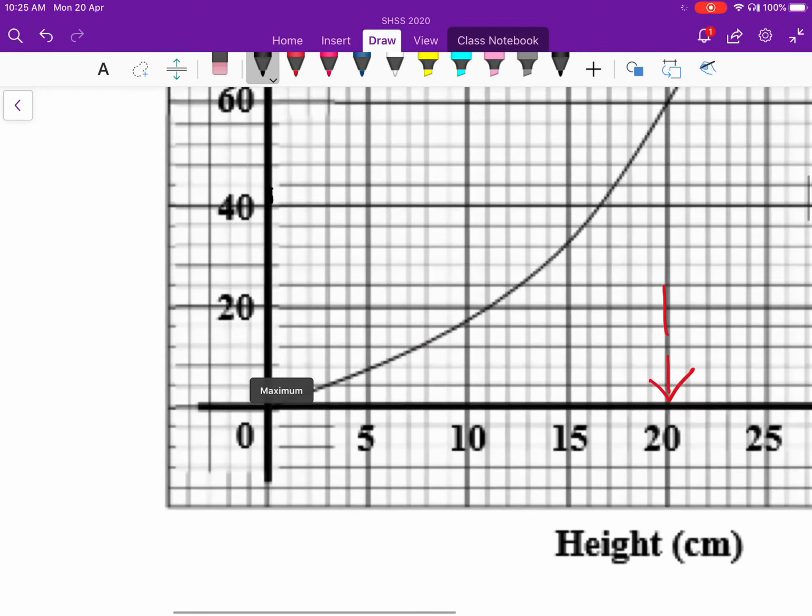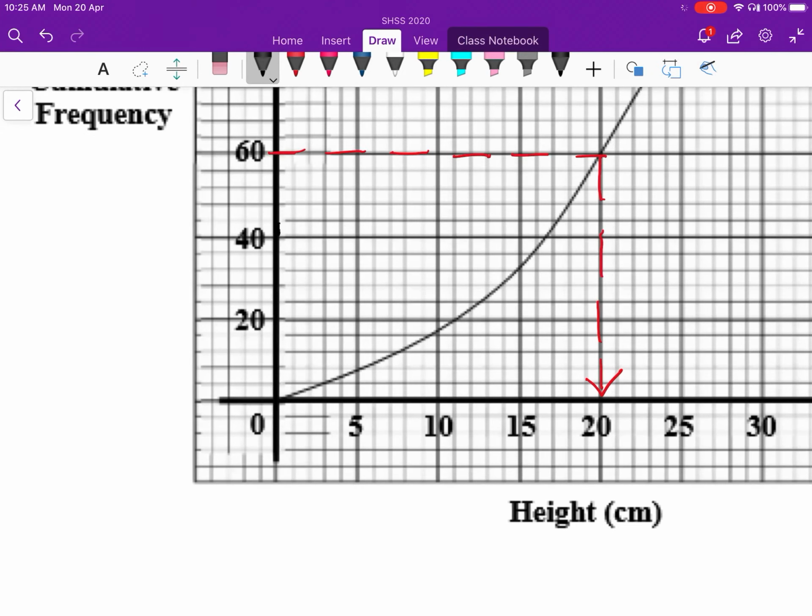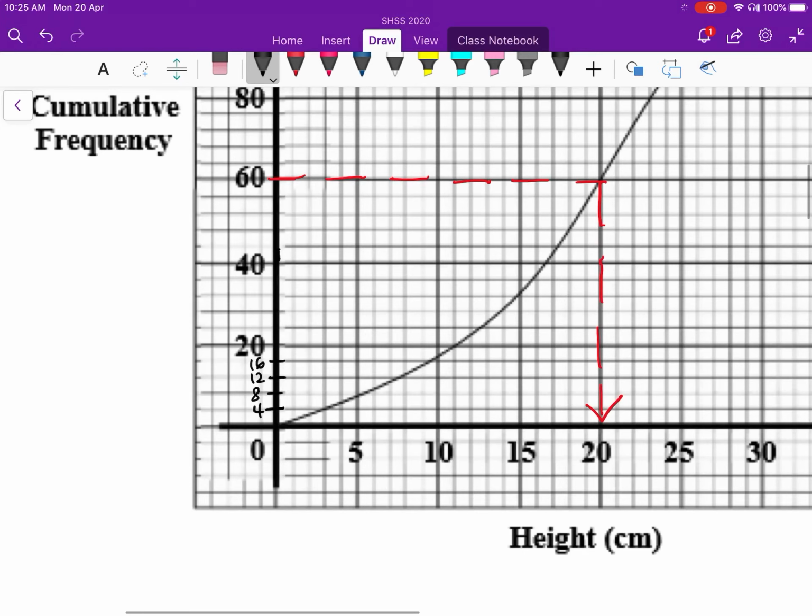We need to determine how much one small box is. If 5 small boxes is 20, one box is 4. So it's 4, 8, 12, 16, 20. If I want 48, it will be 44, and this is 48. This is the 48th plant.